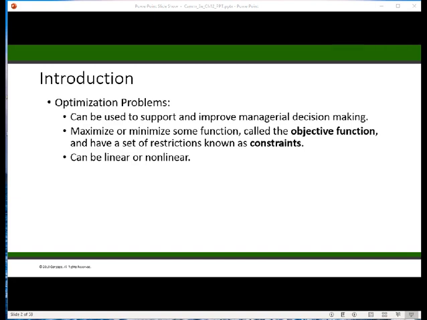And a very popular one is warehouses. You have a set of warehouses and you have a set of plants, and you've got to get materials from the warehouses to the plants, and you want to minimize your total transportation cost. So those are the type of problems that we'll be doing this with.